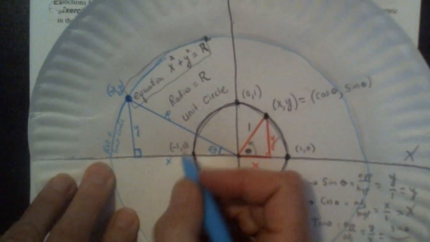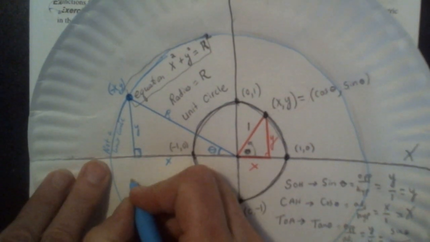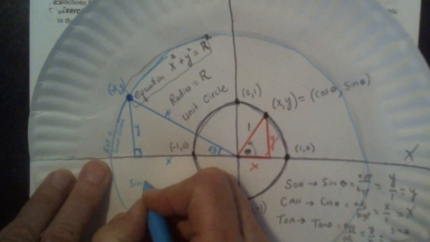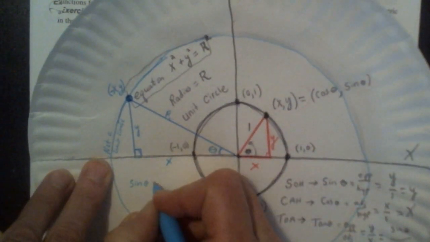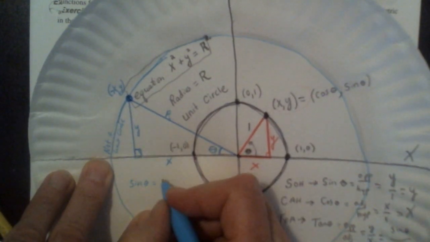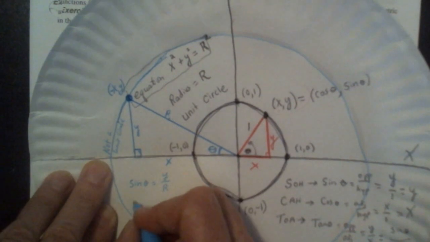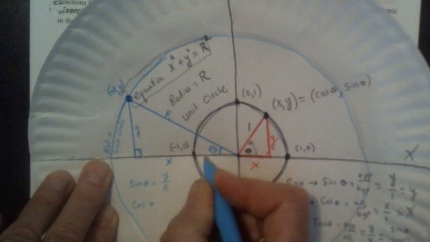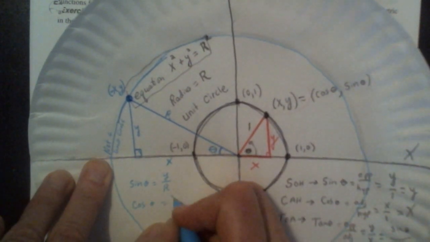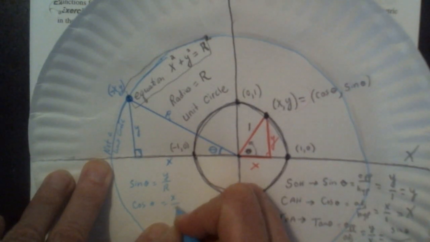So down here, for this blue triangle, we're going to mark that the sine of this angle right here is equal to opposite over hypotenuse. The cosine of this angle theta is equal to the adjacent side over the hypotenuse.